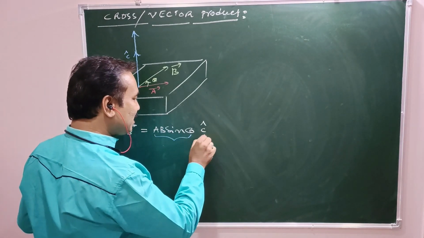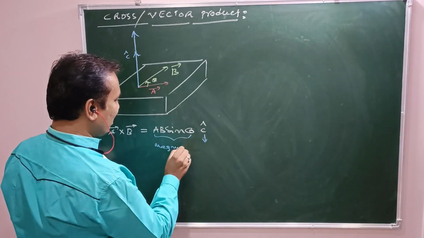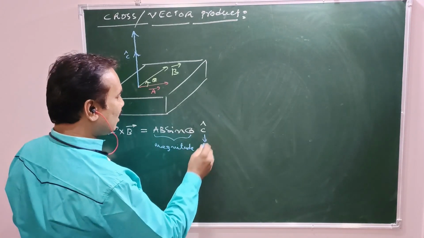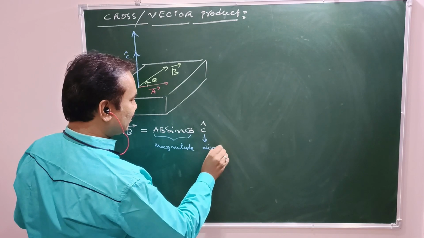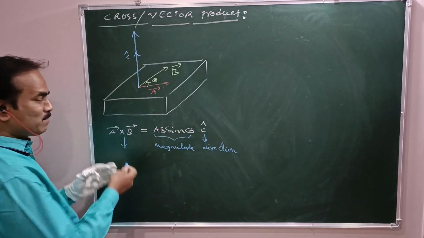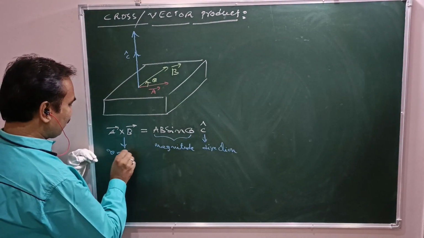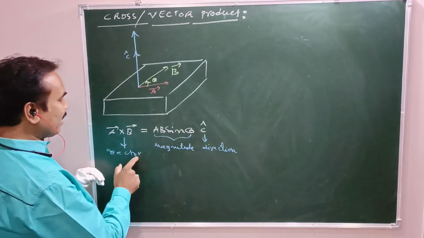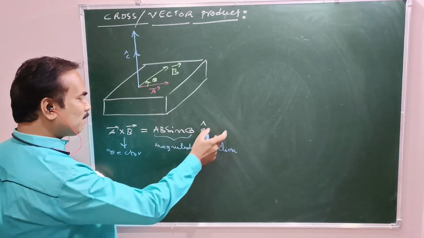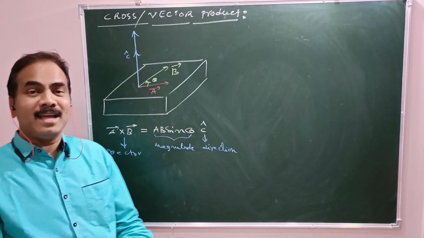This is what magnitude, this is what direction, this is what vector. A bar cross B bar is again a vector. It's not scalar. So vector equals magnitude multiplied by direction.